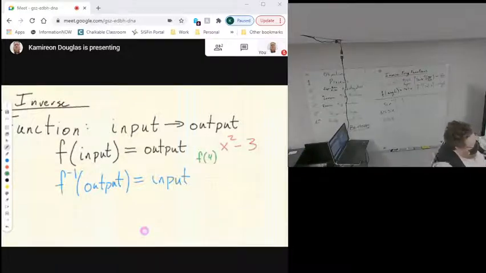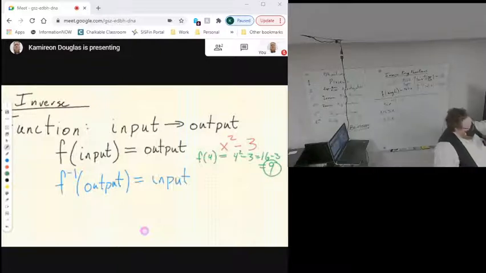What that says is take 4 and plug it into the function and find the output. So when I take 4, I would square that 4, and then subtract 3 from that. So f of 4, so the input of 4 would be 4 squared minus 3, or 16 minus 3, which is, of course, 9. So for this function, x squared minus 3, the input would be 4, the output would be 9.